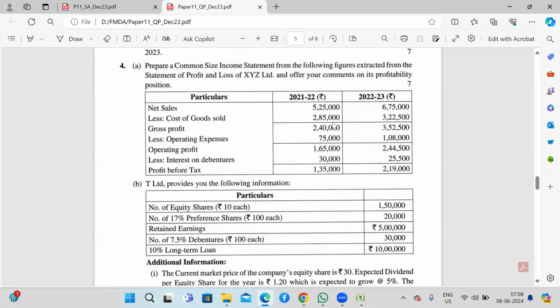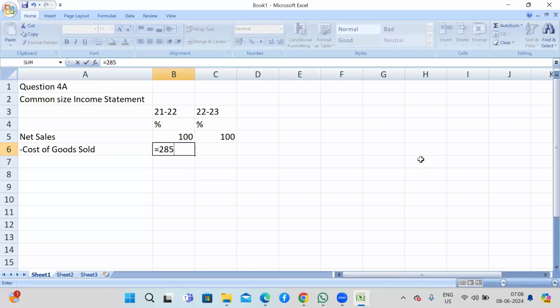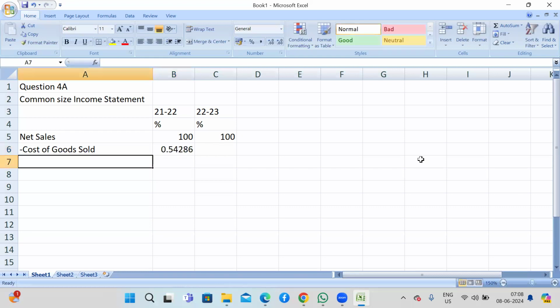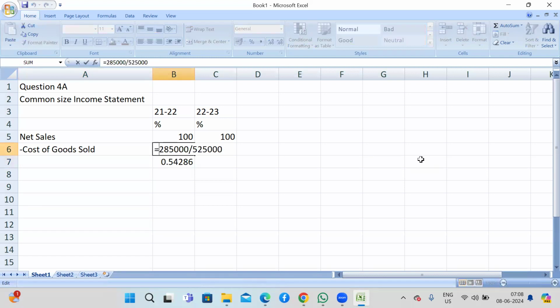So this is 2,85,000 divided by 5,25,000 into 100. So 54.3%.